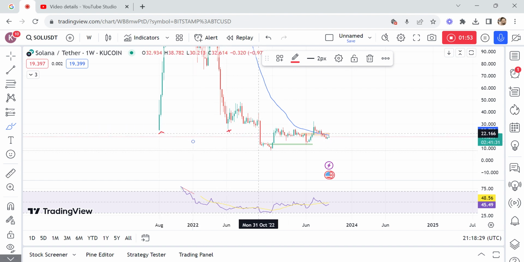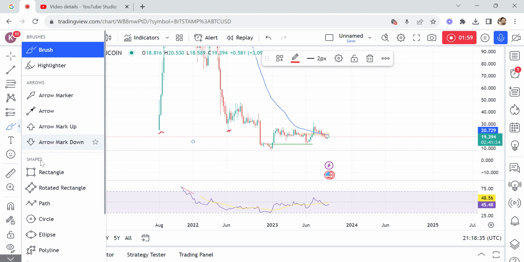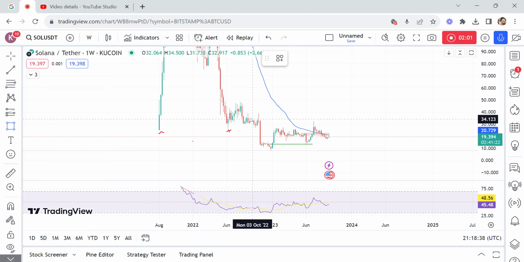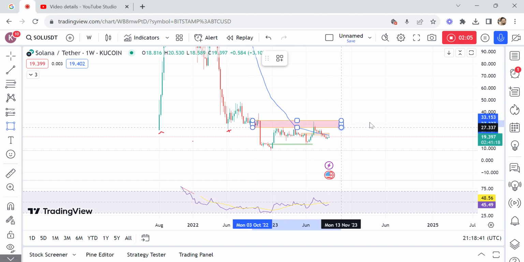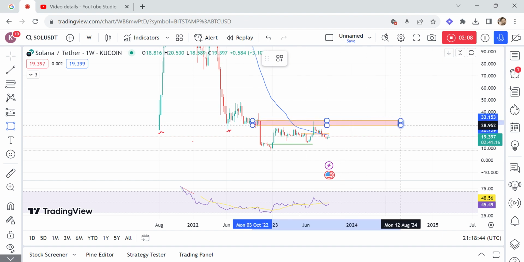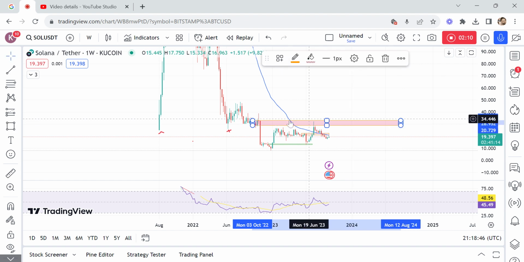But what happened here? This is our order block. This is the last green candle before these lows were taken. So this becomes a successful order block.